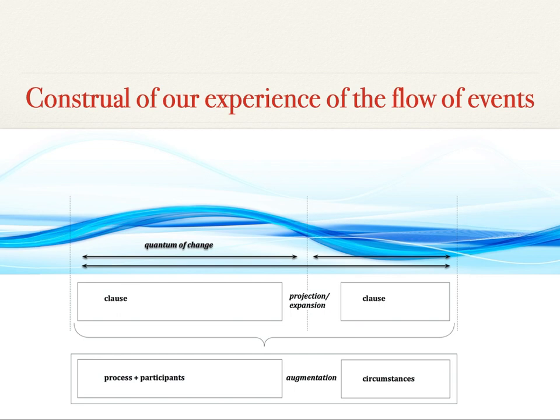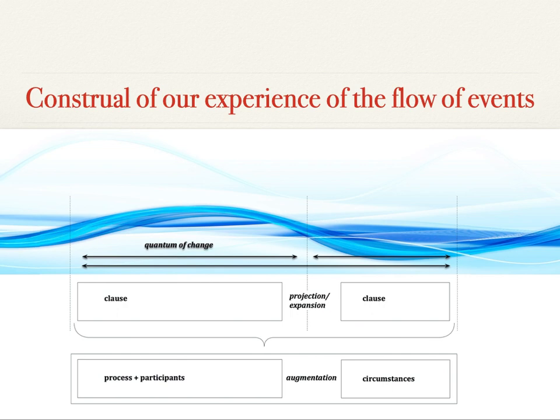Here, schematically, I suggested there's a sort of flow of events, parts of a wave, and it's construed into two clauses, each representing a quantum of change, but they're linked into a clause complex. We'll come to that towards the end of the semester, through some logical semantic relation of projection or expansion.